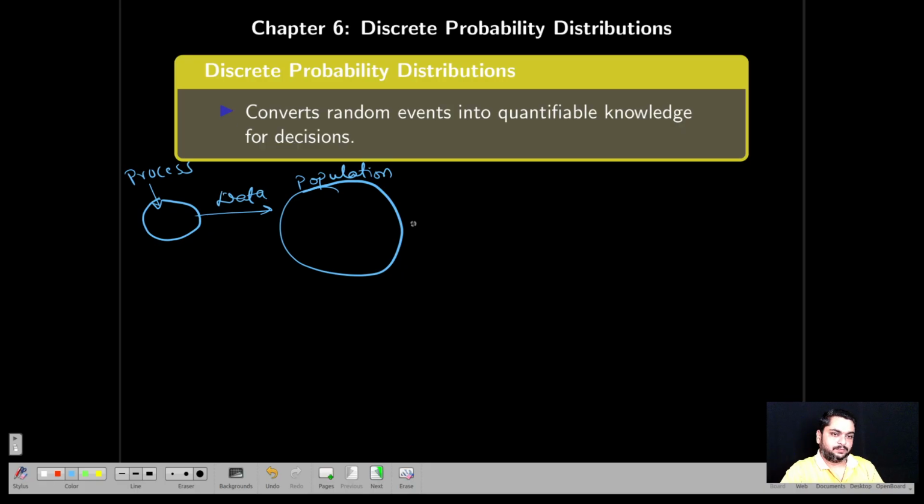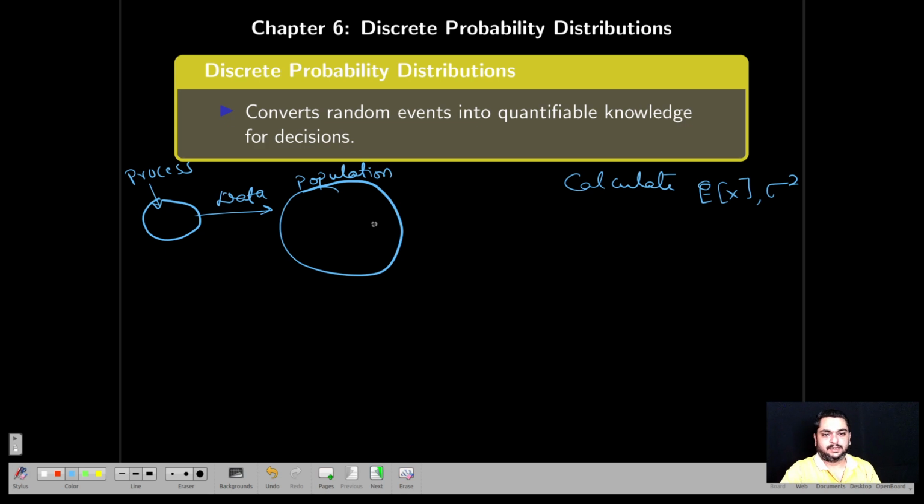Now, from this population, let us say I want to calculate E of x, that is the expected value, and the variance for this entire population. Now, you remember, I told you it's not possible to collect the entire population.